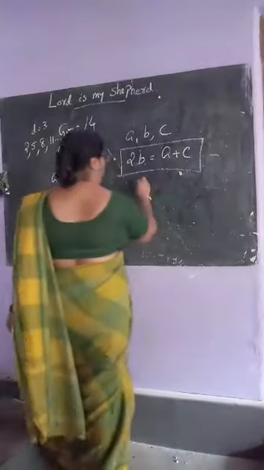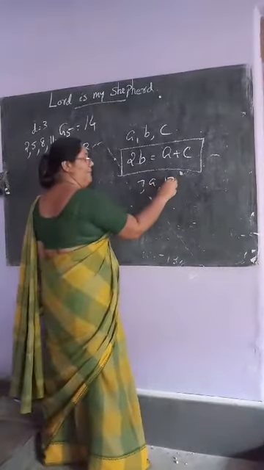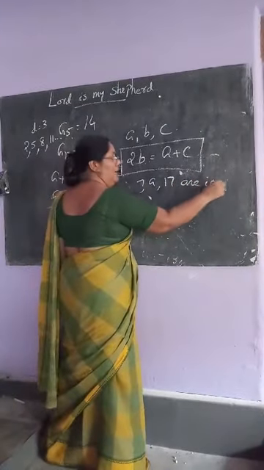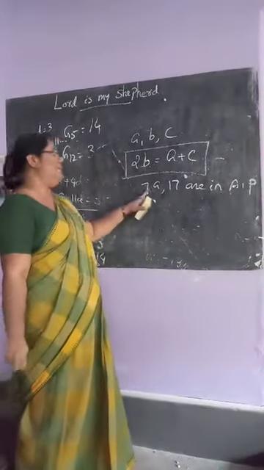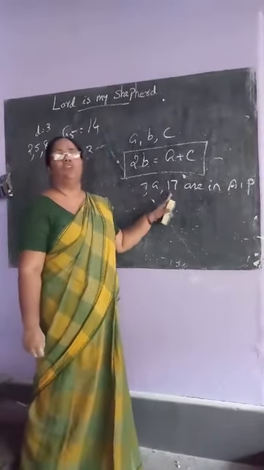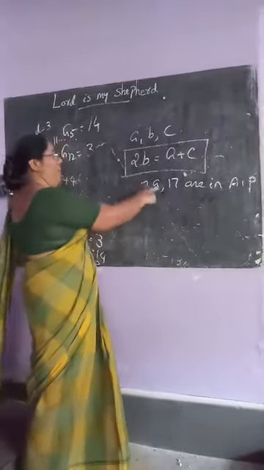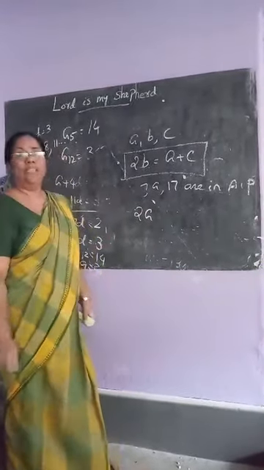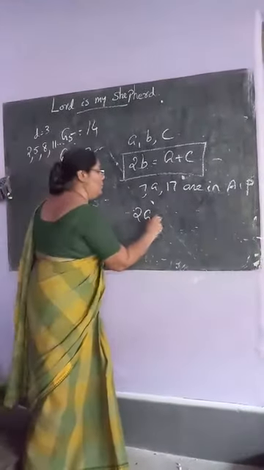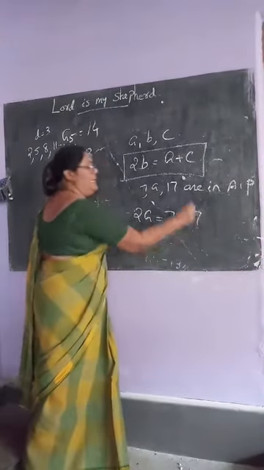Question. If 7, A, 17 are in AP, find A. We know that these are 3 consecutive terms of an AP. Therefore, we apply the formula here. 2 into A, twice the middle term, is equal to 7 plus 17.